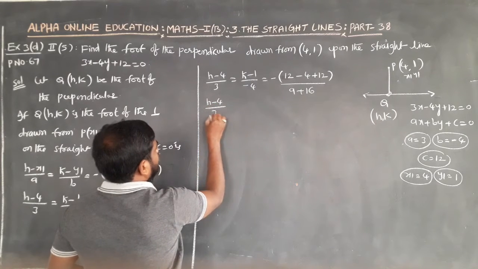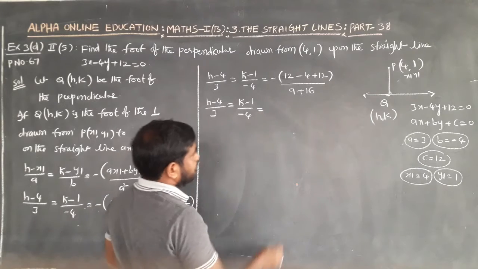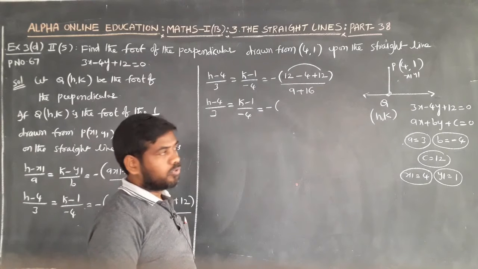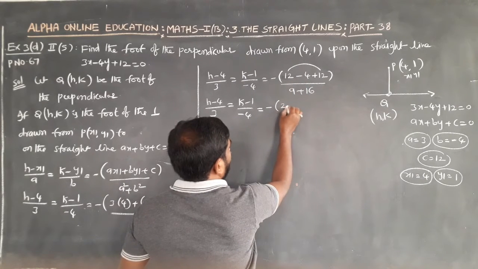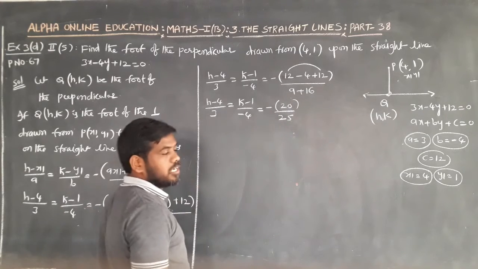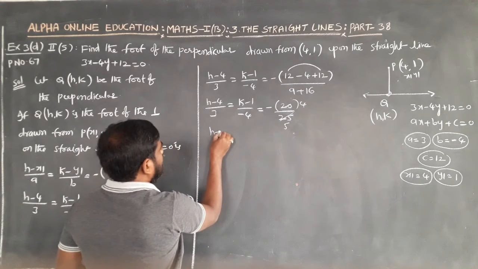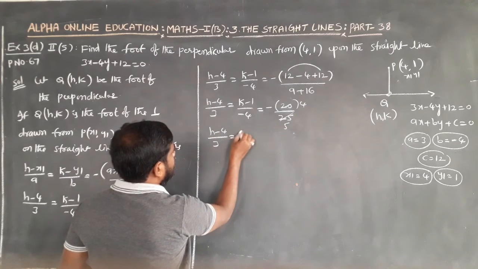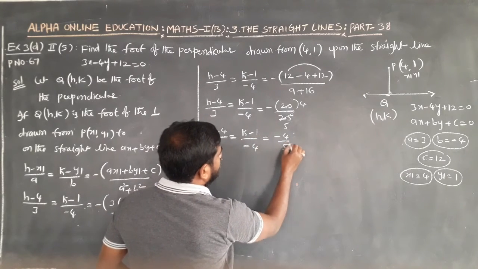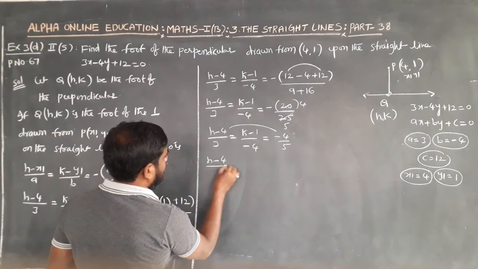That is minus of (12 minus 4 plus 12, 24 minus 4, 20) divided by (9 plus 16, 25). 5 fives are 25, 5 fours are 20, so it equals minus 4 by 5. Equating first and last.